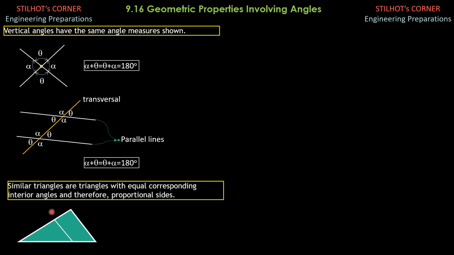This side will be called the transversal of these two parallel sides or parallel rays. If I call this angle alpha and the other measure here beta, this is also beta by the principle above. If I call that theta, this angle measure is also theta.